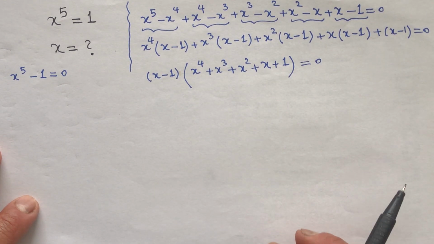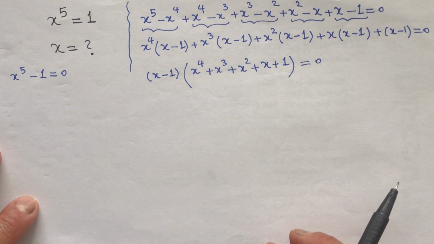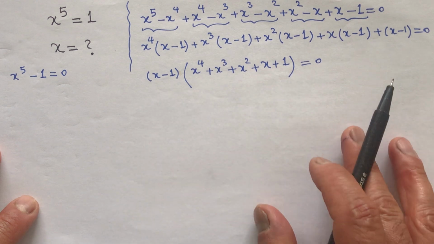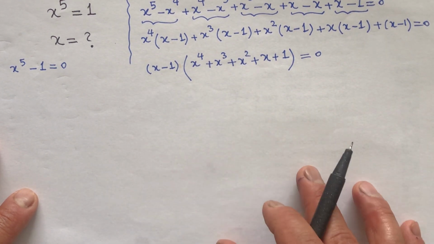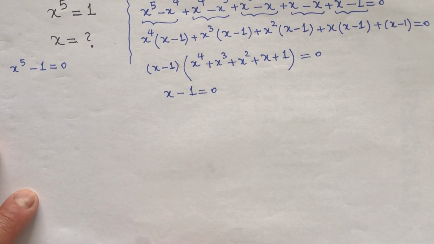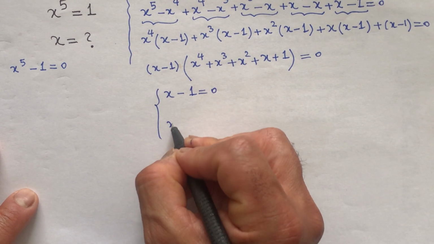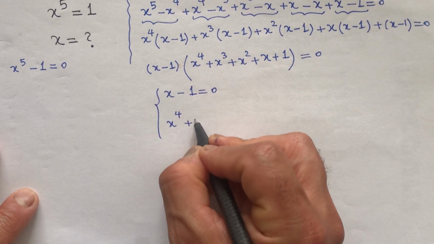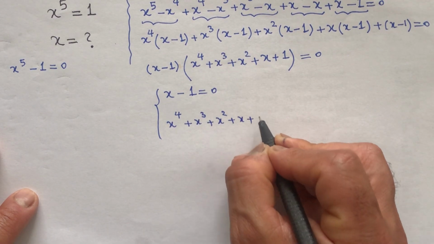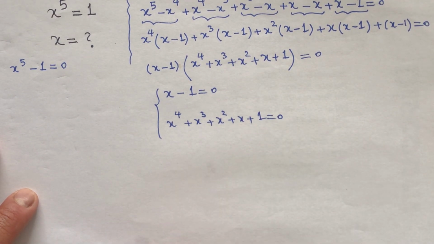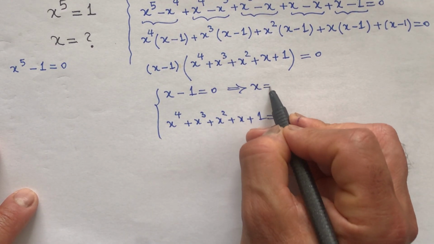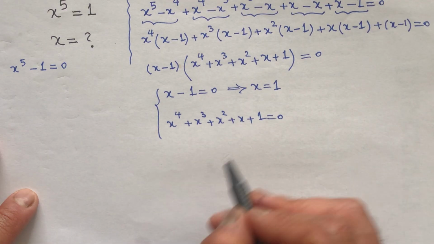Now I have two equations here that I can solve. The first one is x minus 1 equals 0 and x to the 4 plus x cubed plus x squared plus x plus 1 equals 0. The first one is easy to find. It's just x equals 1.